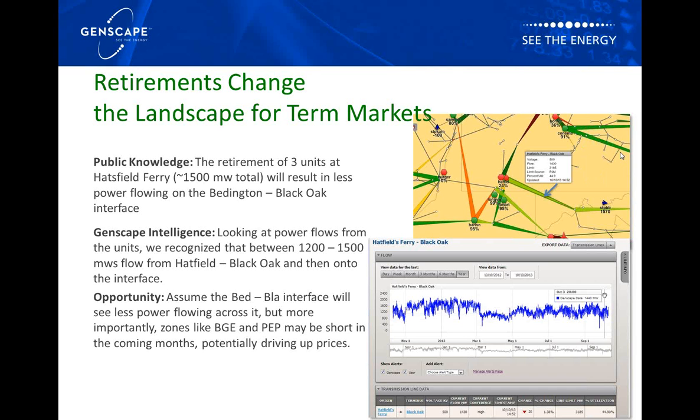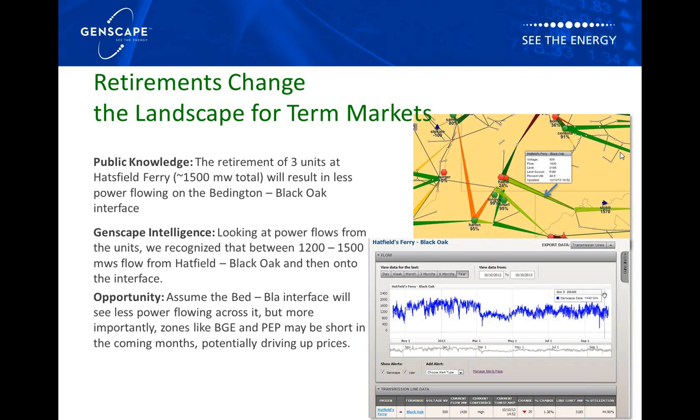For those of you that don't know, the Bennington-Black Oak interface is one of the main paths in PJM that moves power from the western half of PJM into your more heavy load pockets of Baltimore, D.C., Northern Virginia, and Philadelphia. And so, by using the Trans-RT data, you could identify that there's a high probability that less power will flow across the Bennington-Black Oak interface during the times that Hatfield Ferry was running.